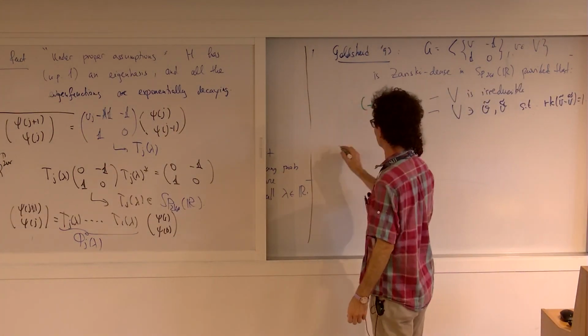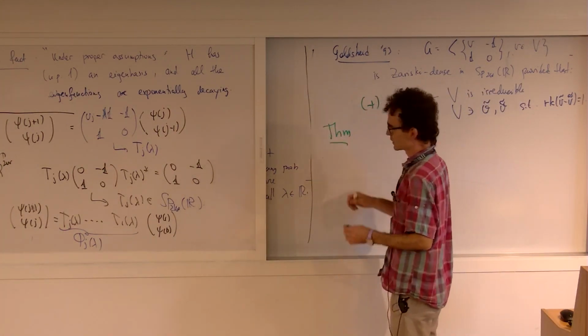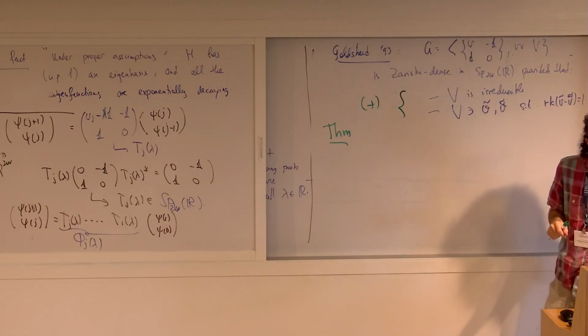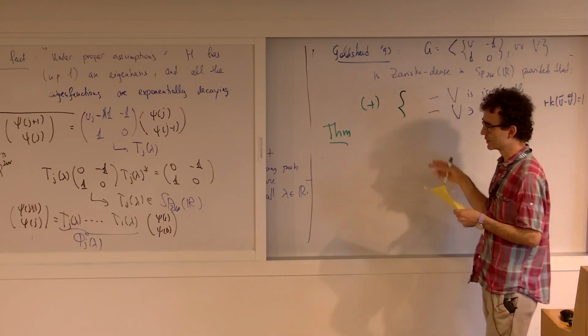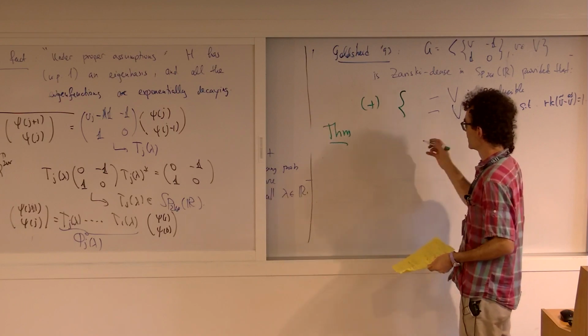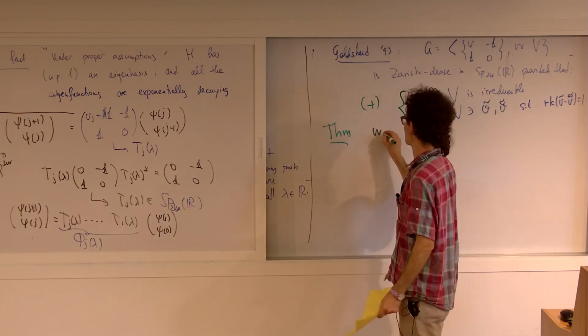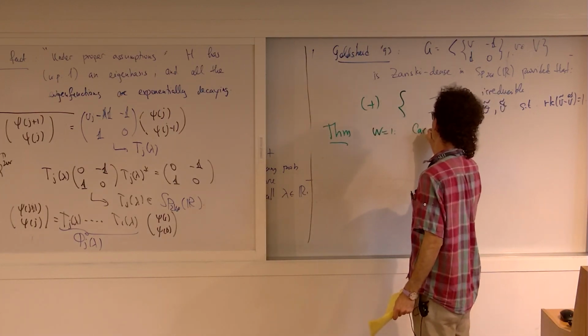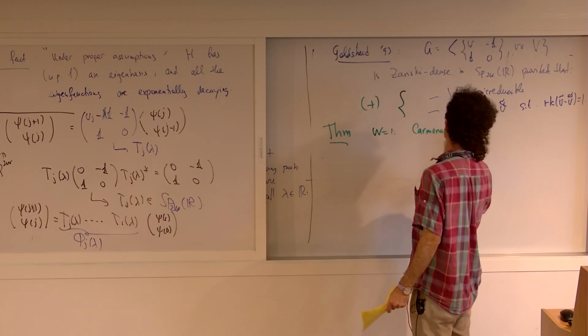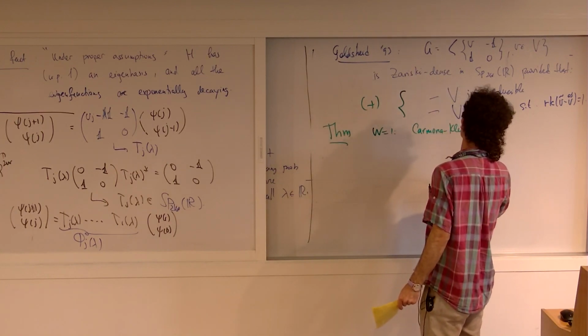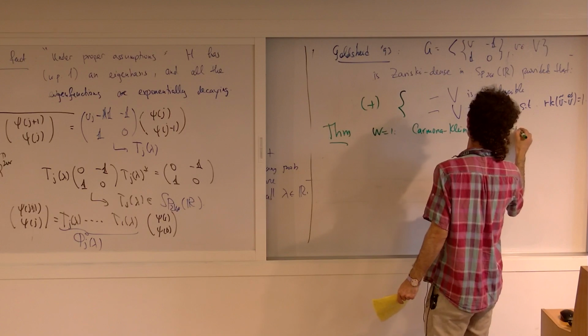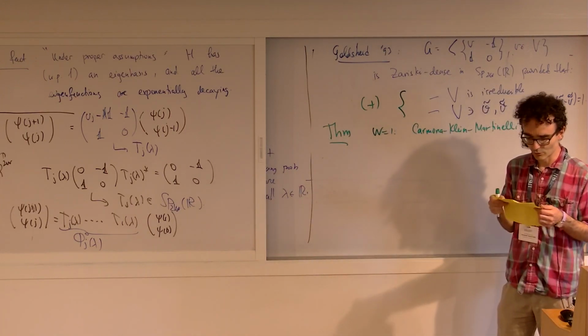Now I can state the theorem. Special cases were proved by Goldscheid in the early 80s, before this theory was well developed. The current form for W equals 1 is due to Carmona, Klein, and Martinelli, again building on earlier work starting from Goldscheid, Molchanov, and Pastur.